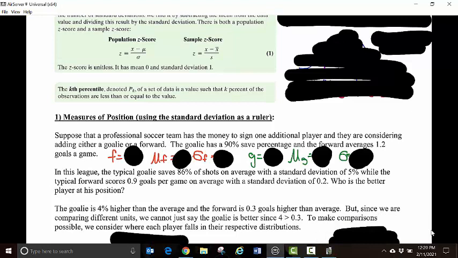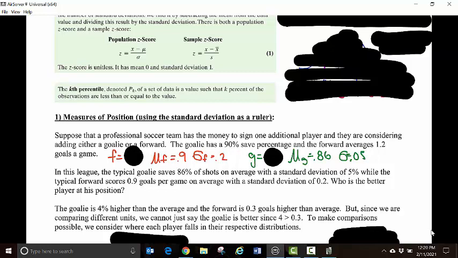So it says, in this league, the typical goalie saves 86% of the shots with a standard deviation of 5%, while the typical forward scores 0.9 goals with a standard deviation of 0.2.